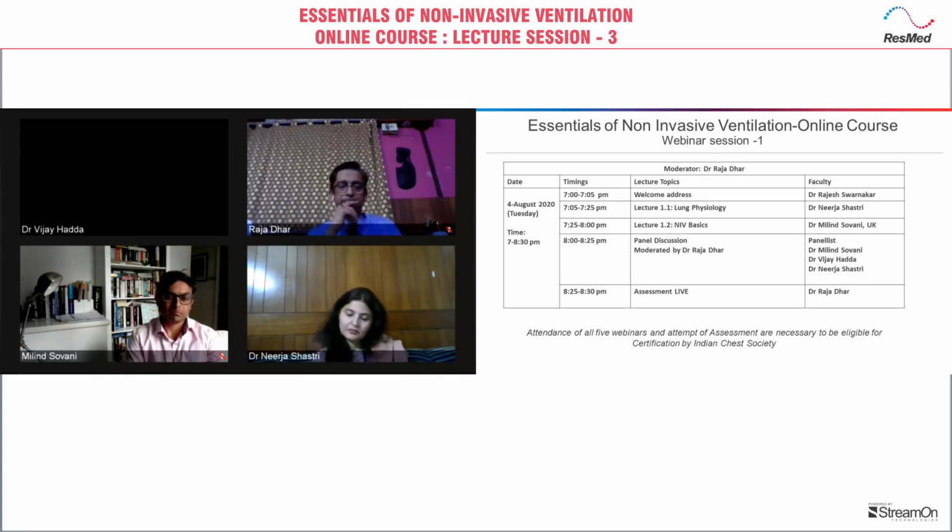Let us say one is a full face mask which covers the full face, and one is an oronasal mask. So the patient can intermittently use them, cycling the interface. Let us say one month he can use the full face mask, and one month he can use the other mask. I think that is another way by which we can reduce pressure sores.